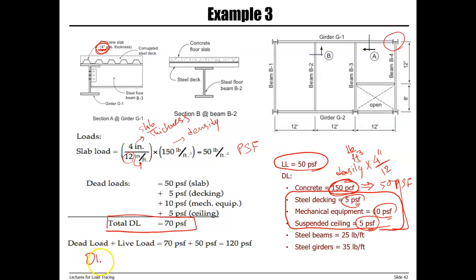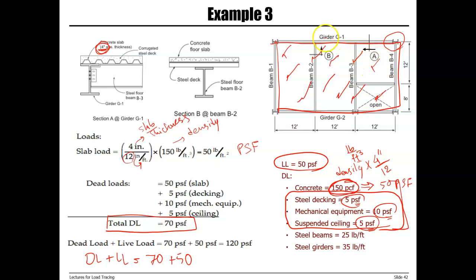So dead load plus live load, 70 plus 50. The area load, or the total dead load and live load, is 120 PSF or pound per square foot.